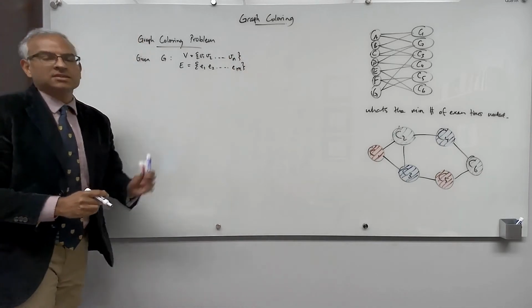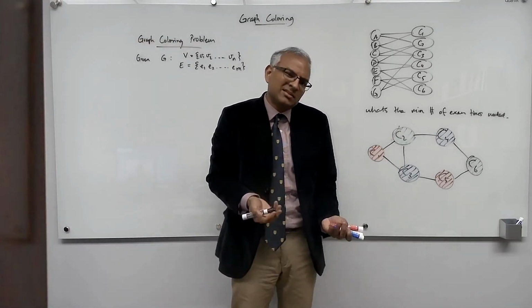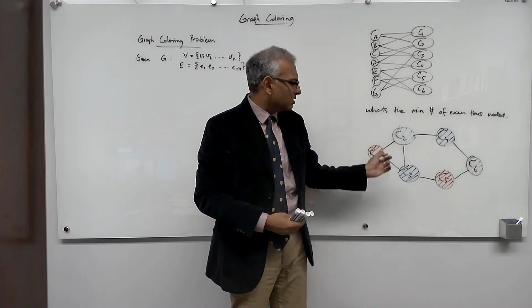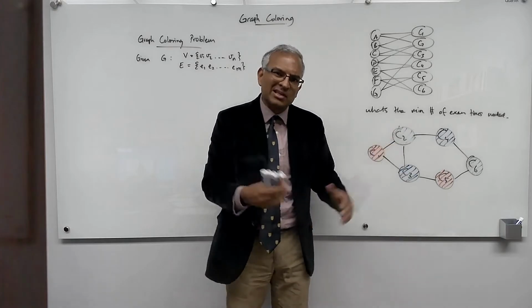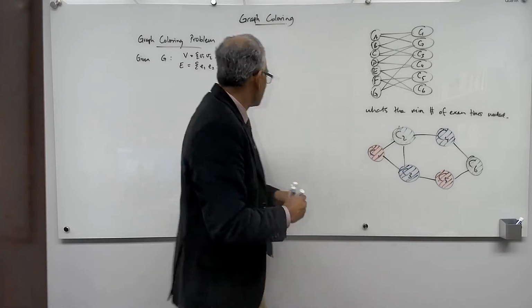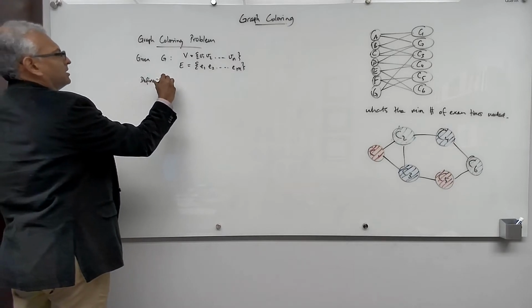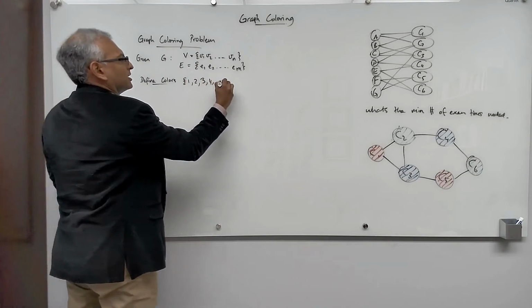Okay, color the vertices. Now, of course, it's nice to have visual colors, but mathematically we can label each color by a number. So red is 1, blue is 2, and green is 3. So we can just number the colors. Okay, so define colors 1, 2, 3, 4, and so on.